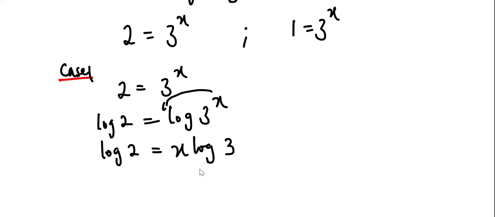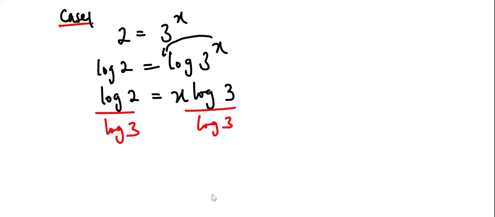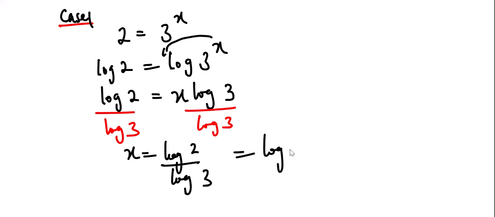Now, both sides can be divided by log 3. With that, x equals log 2 over log 3. Finally, you can say that x is log 2 base 3. This is case 1. What about case 2?